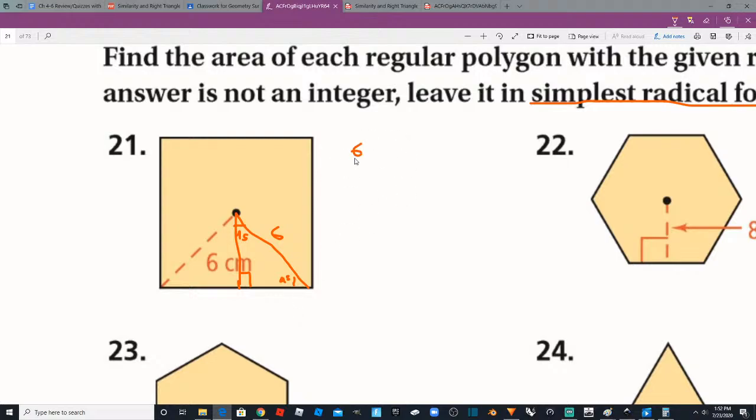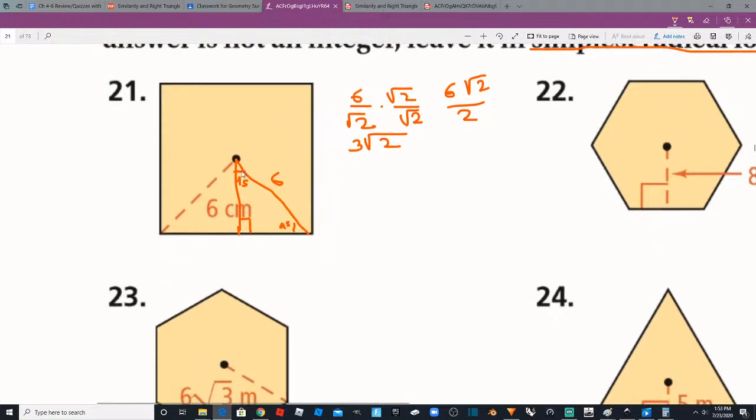So 6 divided by root 2, multiply both sides by root 2, and we'll get 6 root 2 over 2, which then we'll get 3 root 2 for our apothem.